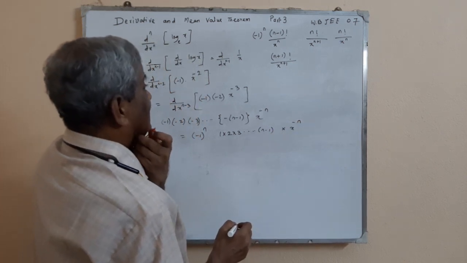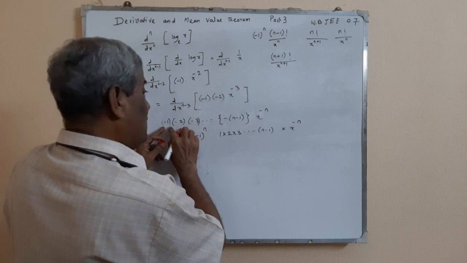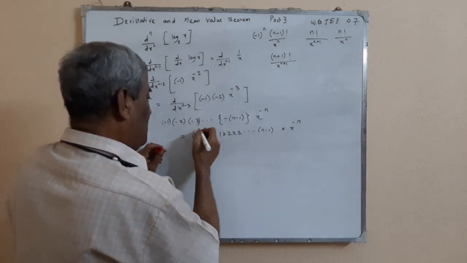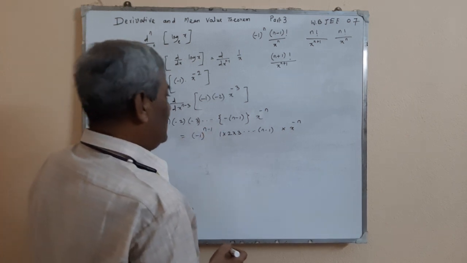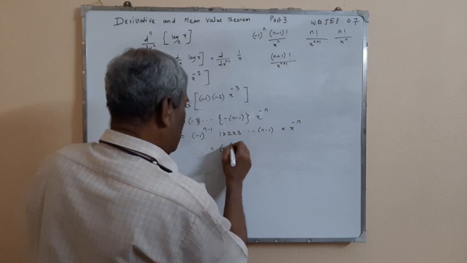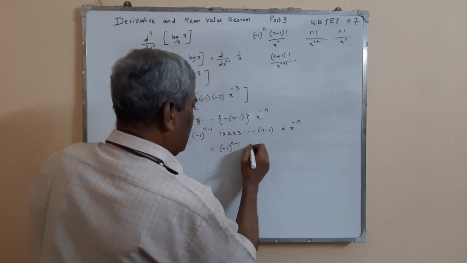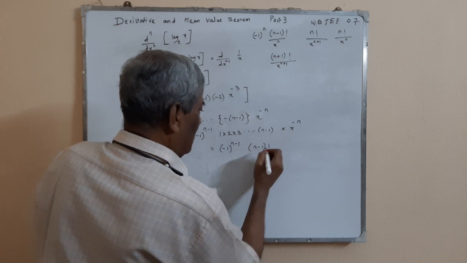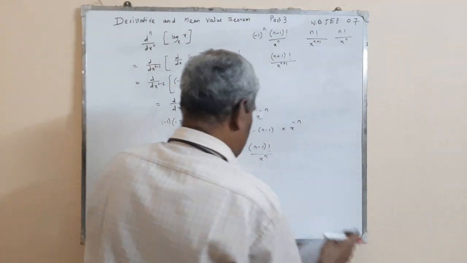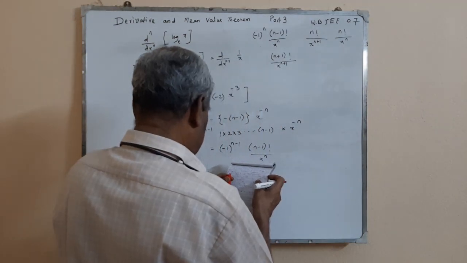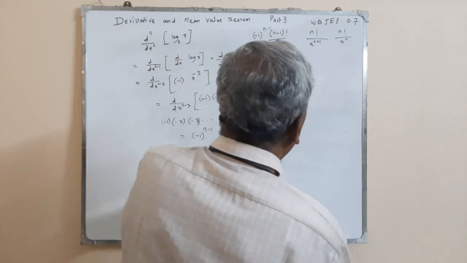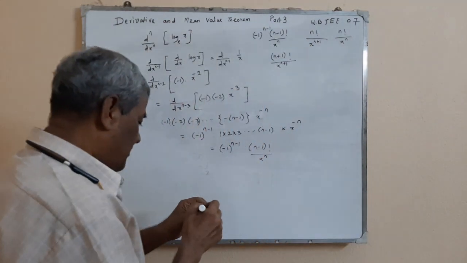So the answer is minus 1 to the power n minus 1 factorial of n minus 1 by x to the power n. Actually, that option is this, and this is the answer.